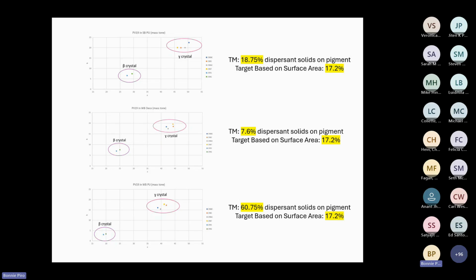The other two are pretty similar to each other, but less than that one. On the beta crystal side, the opposite is true. The water-based polyurethane develops the most blueness in this particular case. So it's always a good idea to do that laddering to make sure that you're hitting the optimal positioning from a formulation perspective.